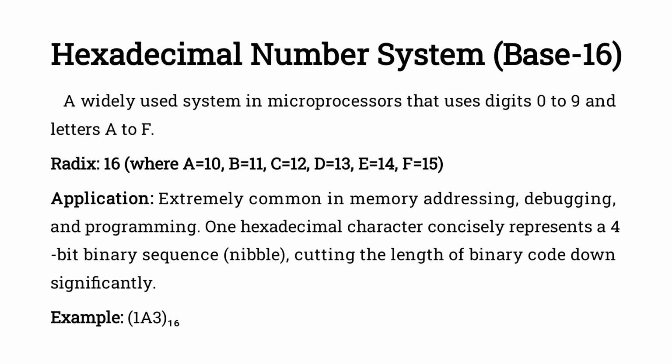After 9 it uses alphabet values, so this is an alphanumeric system. It is mainly used for memory addressing and also for debugging. In octal, it uses a 3-digit binary representation, but in hexadecimal, a single digit uses a 4-digit binary representation. For example, 1A3 base 16.